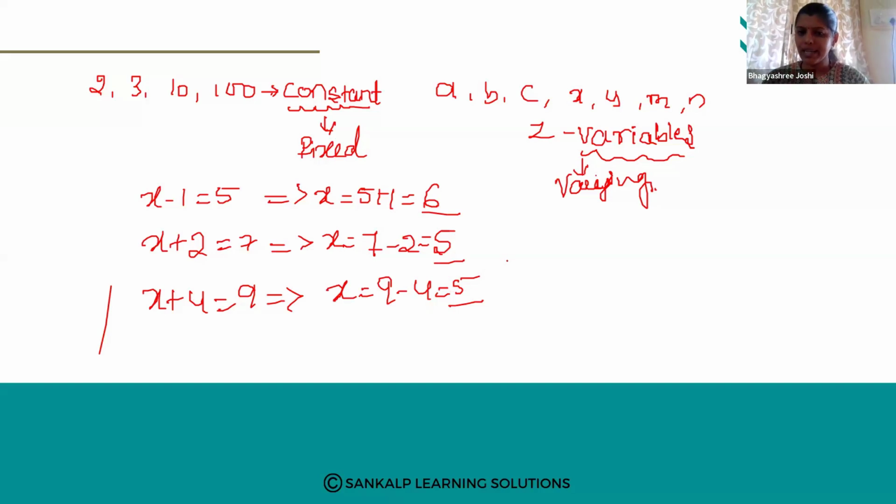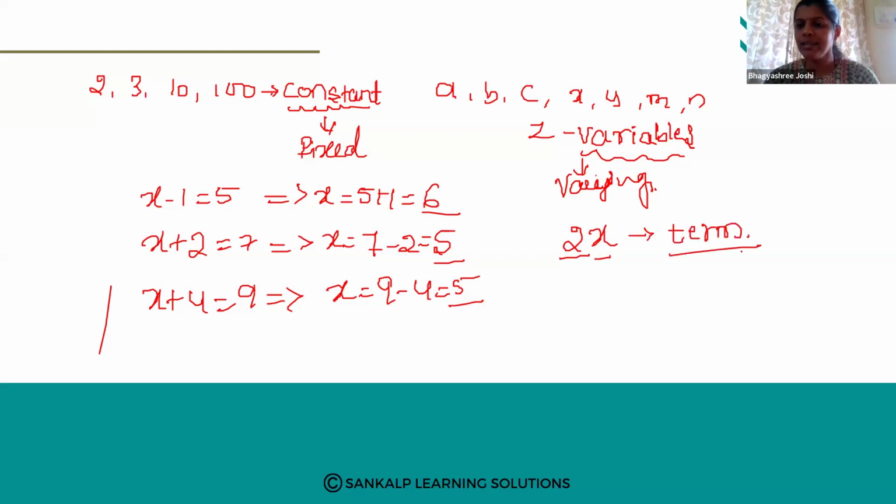Okay. See, if I write one constant term with variable. For example, 2x. Here I am using one constant term and one variable term. Okay. So 2 is a constant and x is a variable. This we call it as a term. What we call it as a term. We call it a term. Okay. Next, if I write 3x plus 2, that means I am combining two terms by using one mathematical operation, that is plus.